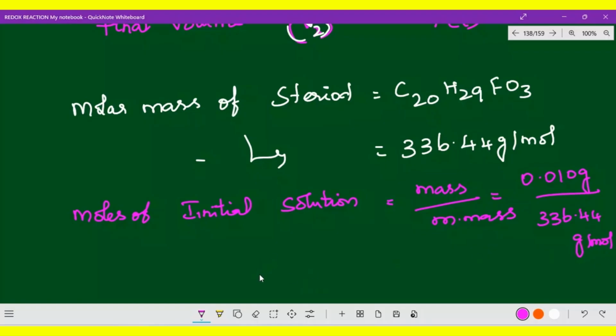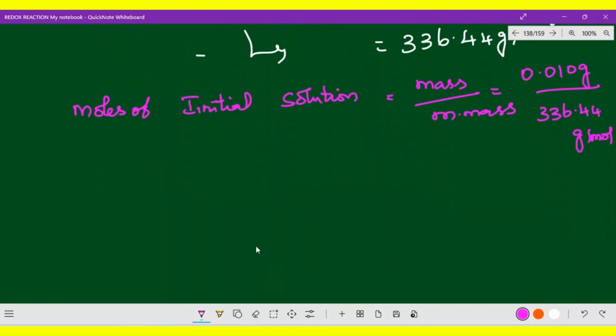So the answer for the initial 500 ml solution is 2.972 into 10 to the power of minus 5 mole. I hope you got the clarity. These moles we got from 500 ml.